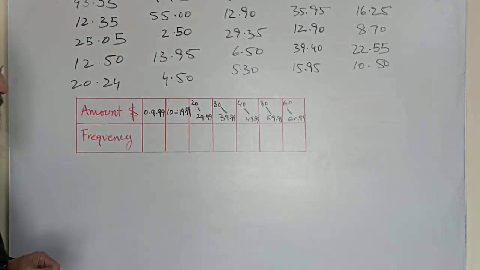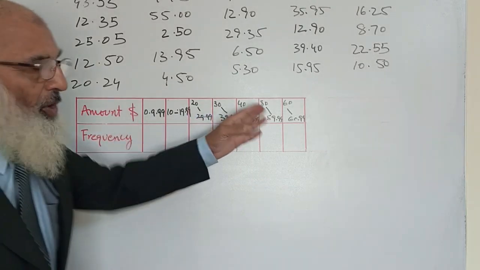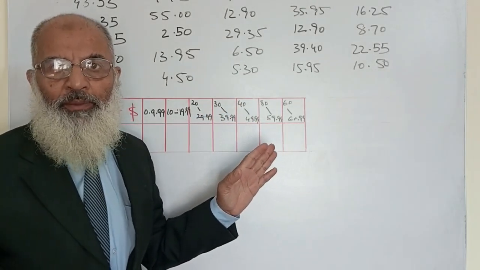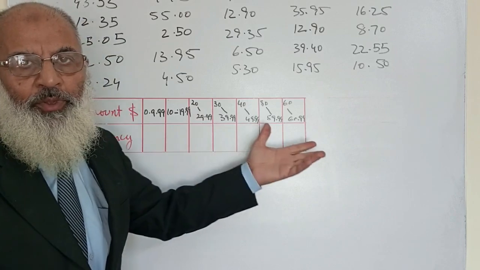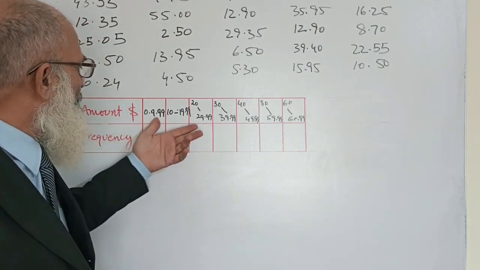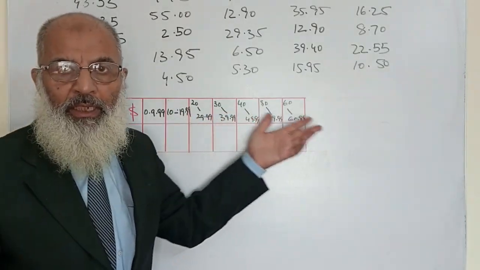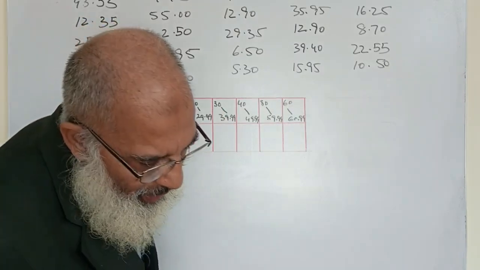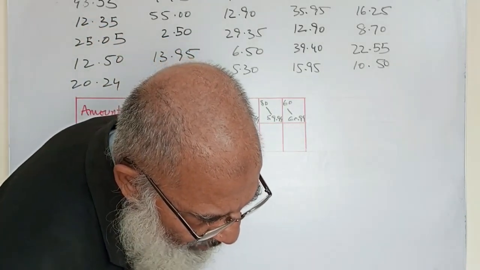Now these groups are already formed by your book. I have not formed these groups, and he has taken about $10 each.